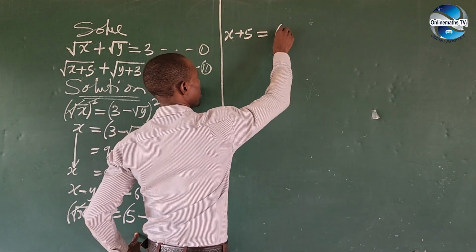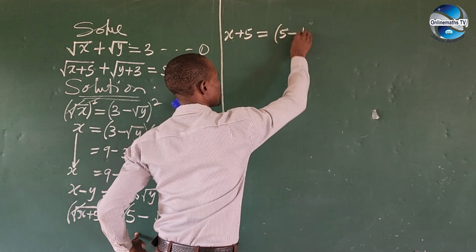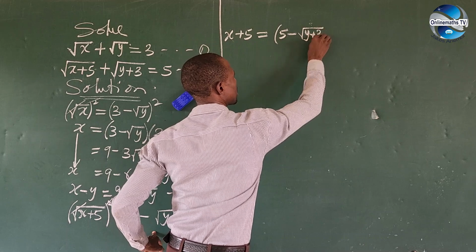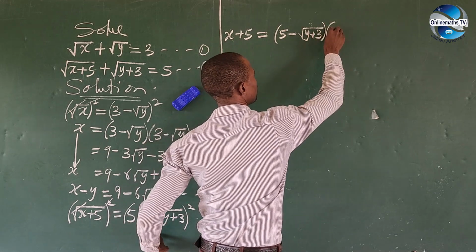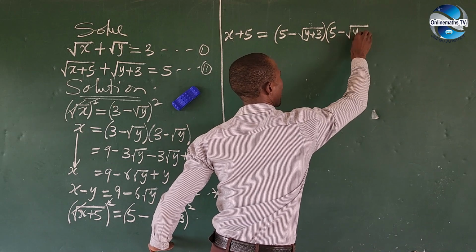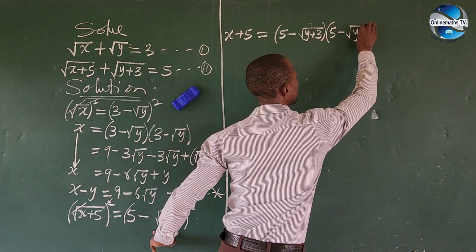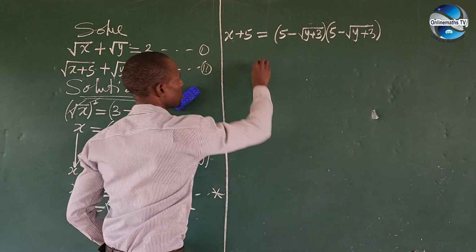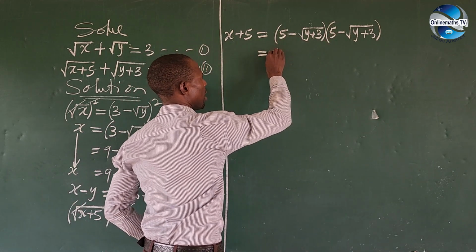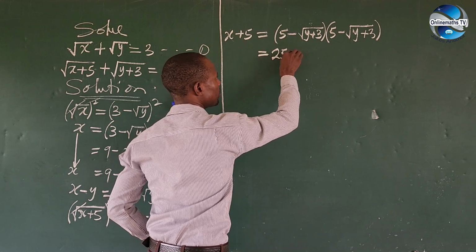5 minus the square root of y plus 3, times the bracket 5 minus the square root of y plus 3. If we multiply out gradually, this will give us 25.